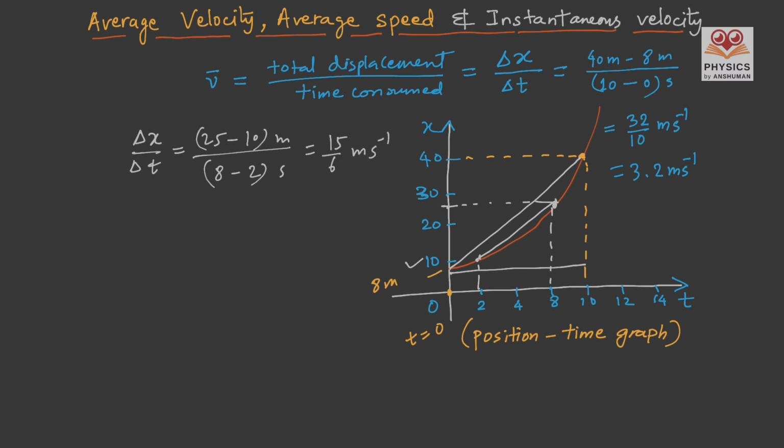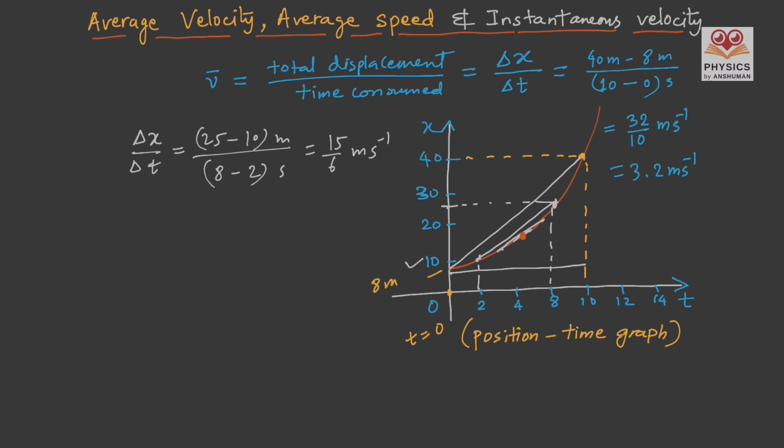And if we keep reducing the time, then what happens? Suppose further we reduce it from 3 to 7 seconds, and even reduce it more, and then finally we see that we can find the velocity at a particular instant, like reducing the time, making it closer to zero, like exactly at one point.